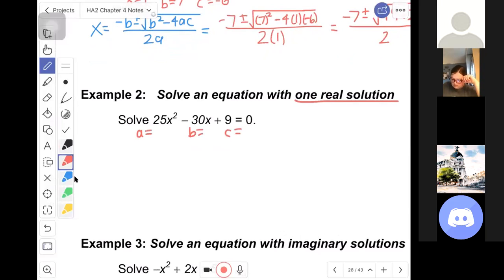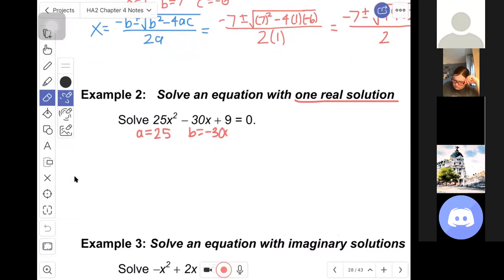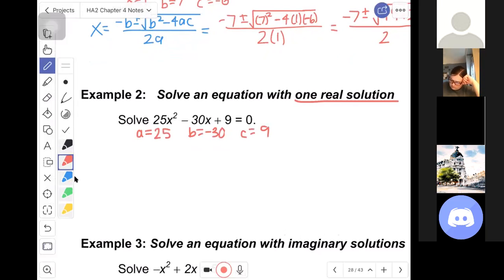Would it be 25, -30, and 9? Yep. Awesome. So very important to bring the sign in front of the number with it. And we know the formula, so go ahead and start plugging into that formula.